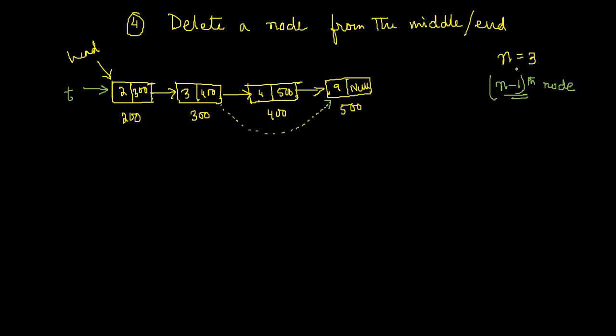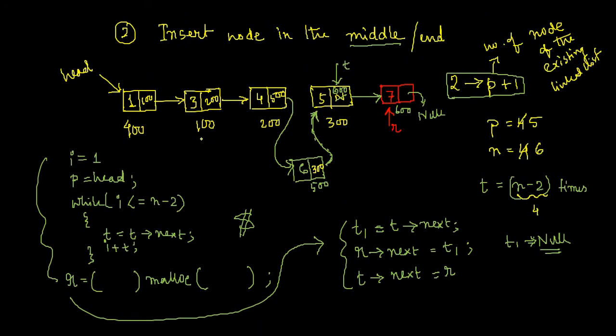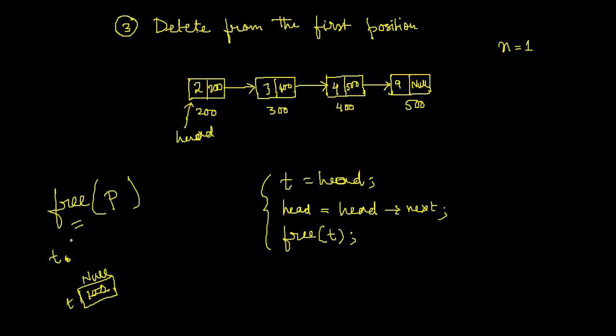Now you don't know the value of n. It can be 2, it can be 5, it can be 50 also. That means obviously you need a loop. If we use the similar type of loop that we used over here, we can serve our task.